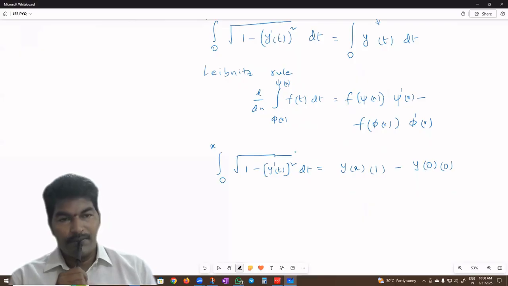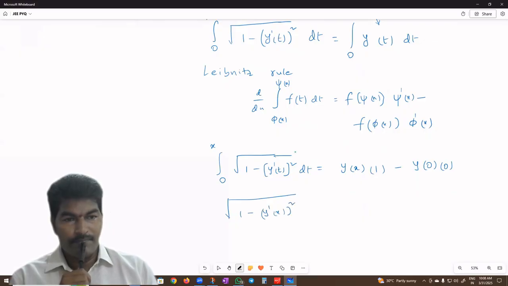And in the left side also we will do the same thing. Root of 1 minus y dash of x whole square, this is the complete function, and its derivative, x derivative 1, minus lower limit, of course 0. If you substitute 0 in the place of t, something it will be, but 0 into anything is 0. So y of x.